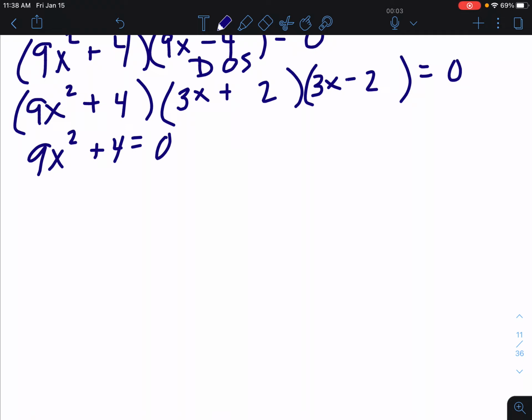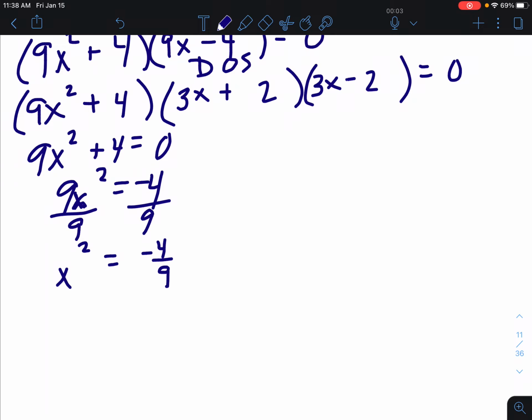So set this equal to 0. We're going to solve this by square root method. So we're going to subtract 4. We're getting x squared by itself. Divide by 9. You do not want a decimal here. Keep it 4/9. There's a reason.